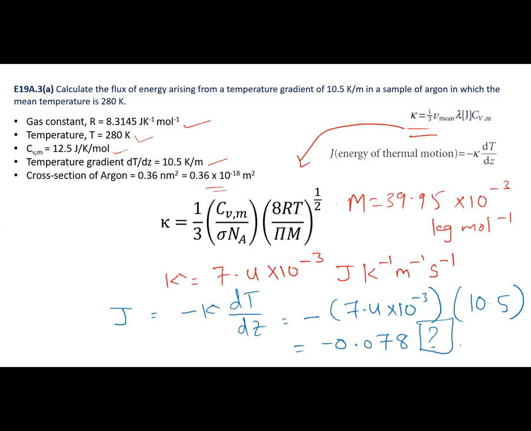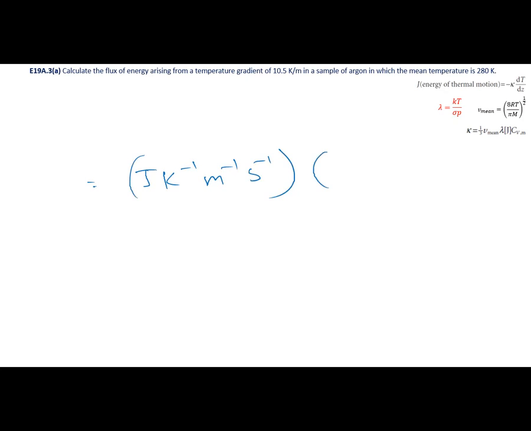Let's solve that. We had joule per Kelvin per meter per second, and then we multiplied it by dT over dz, which is nothing but Kelvin per meter. This Kelvin and this Kelvin get cancelled. The final units for the thermal energy flux are joule per meter squared per second.